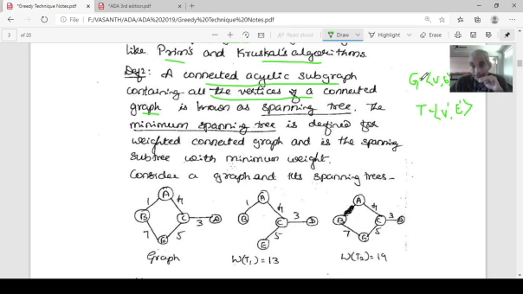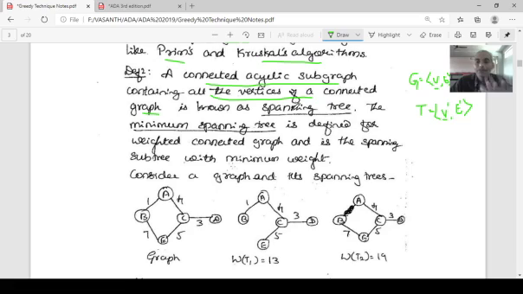So the definition says a spanning tree should be an acyclic, connected subgraph, and what is the other constraint? The other constraint is about the vertices. How many vertices were there in our graph? You should have the same number of vertices in our tree also. Containing all vertices of a connected graph is called a spanning tree.